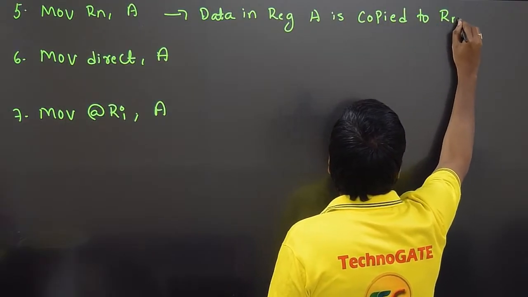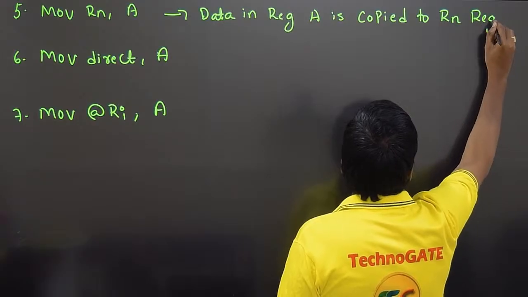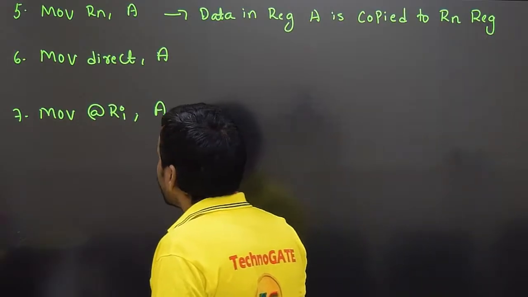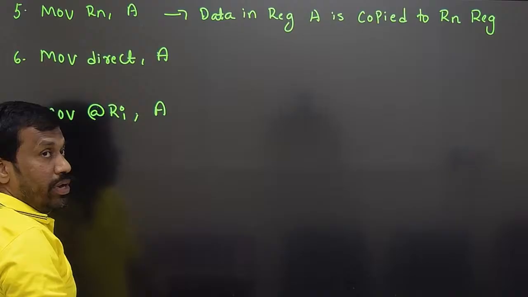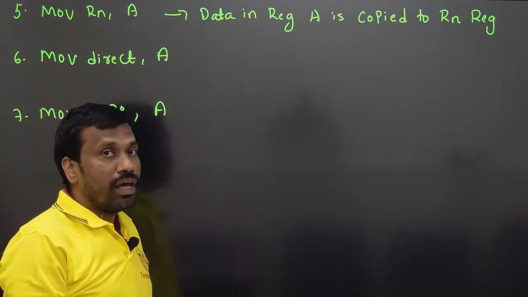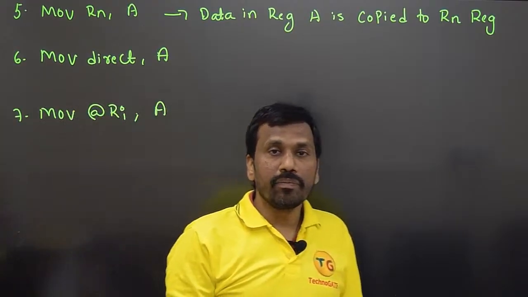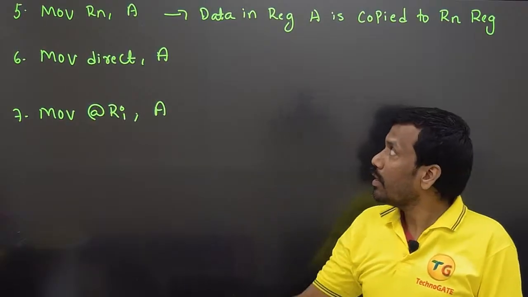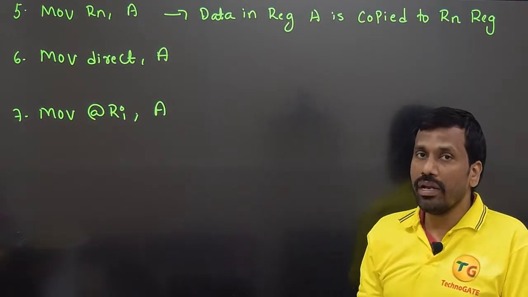So MOV Rn, A. What do you mean by that? Data in register A is copied to the Rn register.